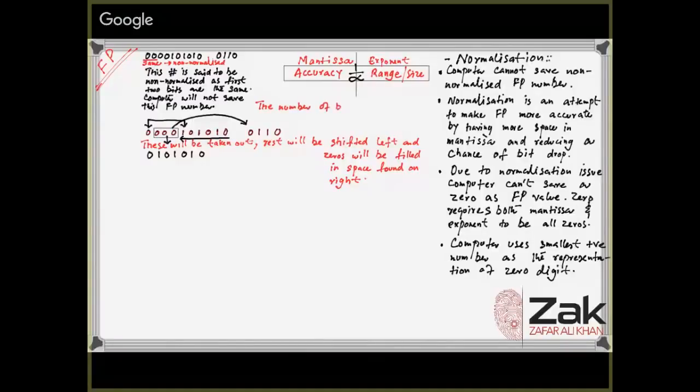The number of bits taken out will be subtracted from the exponent. Okay? So we fill the rest with zeros, and this would now be 3. Earlier it was 6, and now it is 3. Is it understood? Okay. This is normalized now.